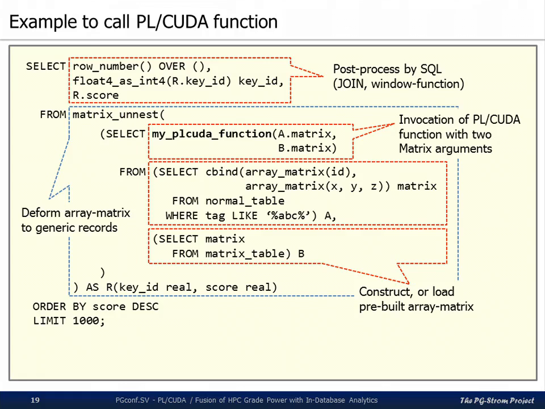It is moved to a GPU device and runs the internal logic of my pure CUDA function, then writes back the result into a PostgreSQL world. After that, the matrix_unnest function reverts the result set into a normal bunch of records. And once that set is transformed to normal records, we can apply usual SQL functions and SQL features.